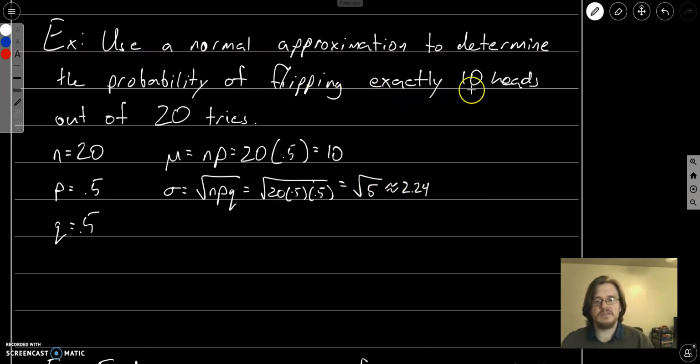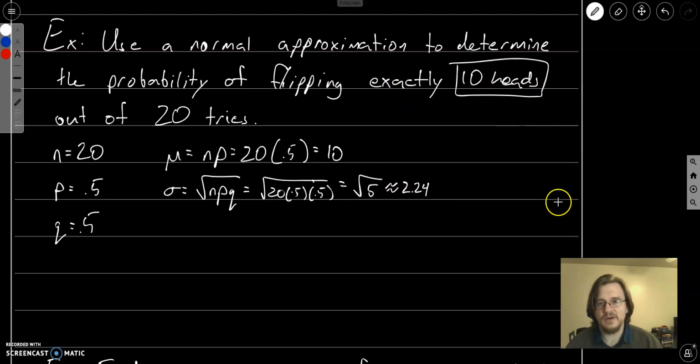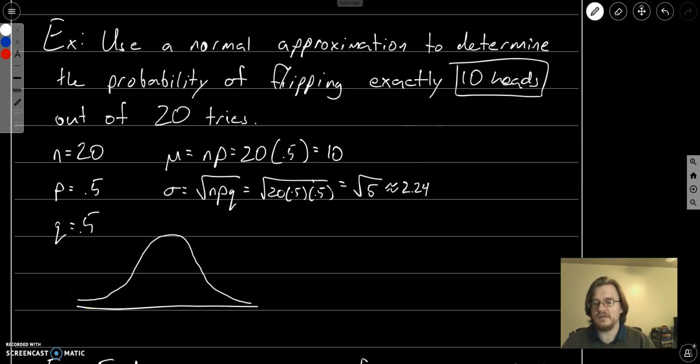So I want the probability of flipping exactly 10 heads. Now, when I say 10 heads in the binomial distribution, this makes sense. In the normal distribution, however, I have to use my continuity correction.